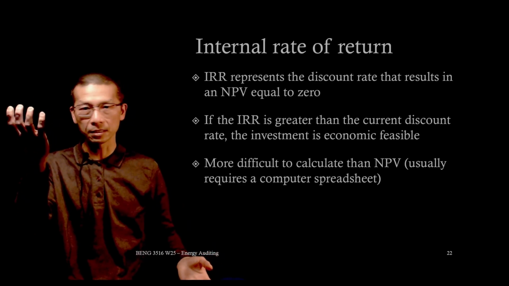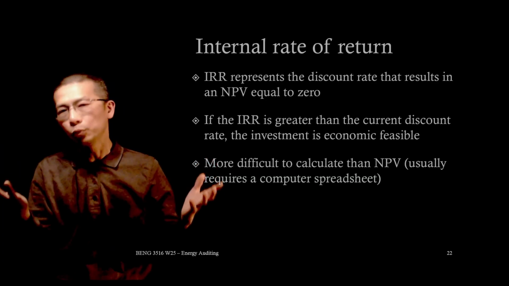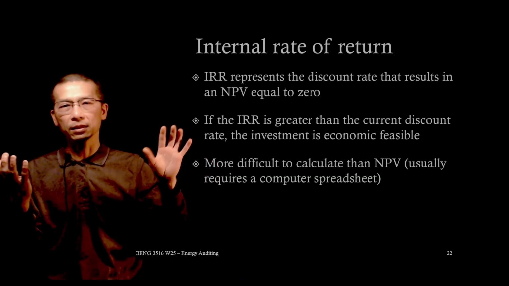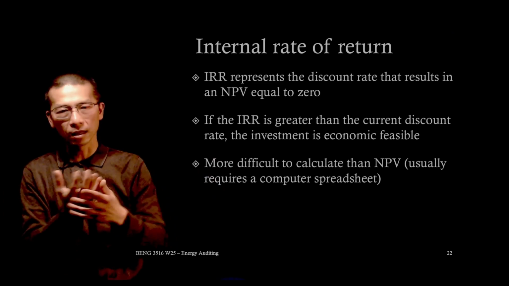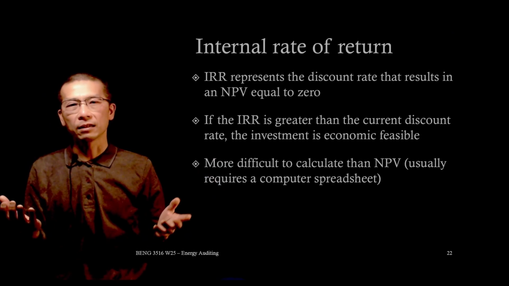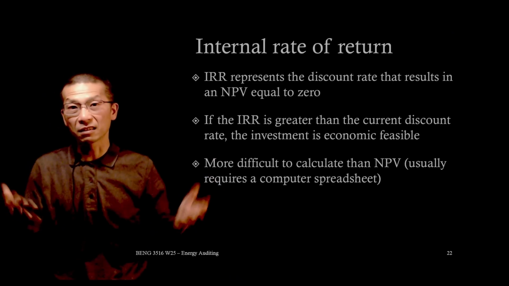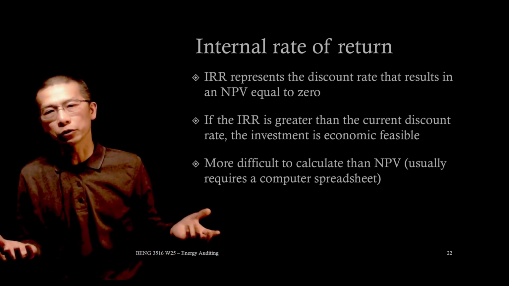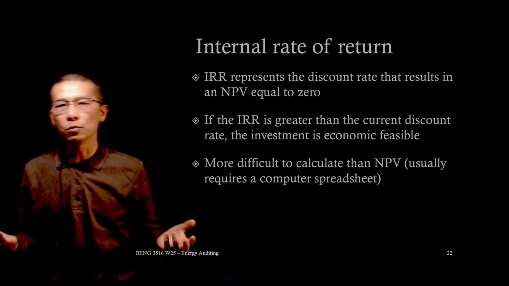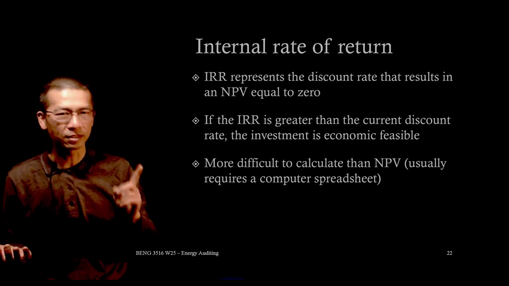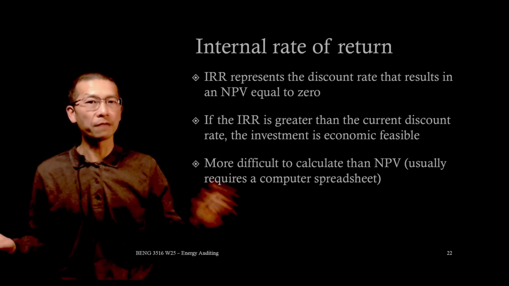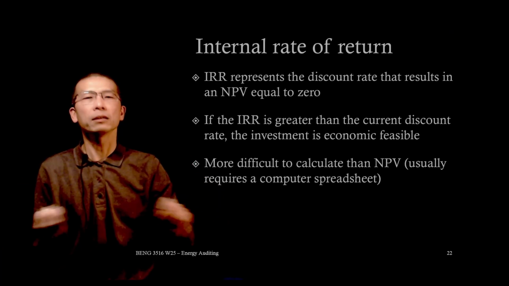Right, 15%. And energy projects, in general, well, it depends. But let's say energy projects are low risk, compared to the stock market. If you install a VFD, variable frequency drive, the savings are almost, and I say almost because it's not always, guaranteed by physics. If you do it right, you get savings.